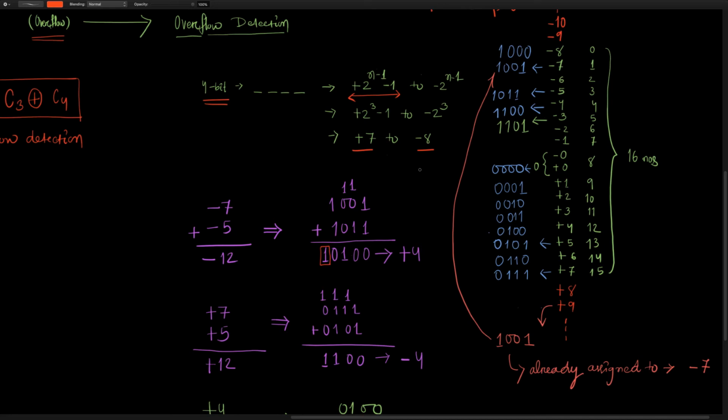That's the range within which we can represent signed 2's complement binary numbers using 4 bits only, and I have also listed it here, from negative 8 to positive 7.